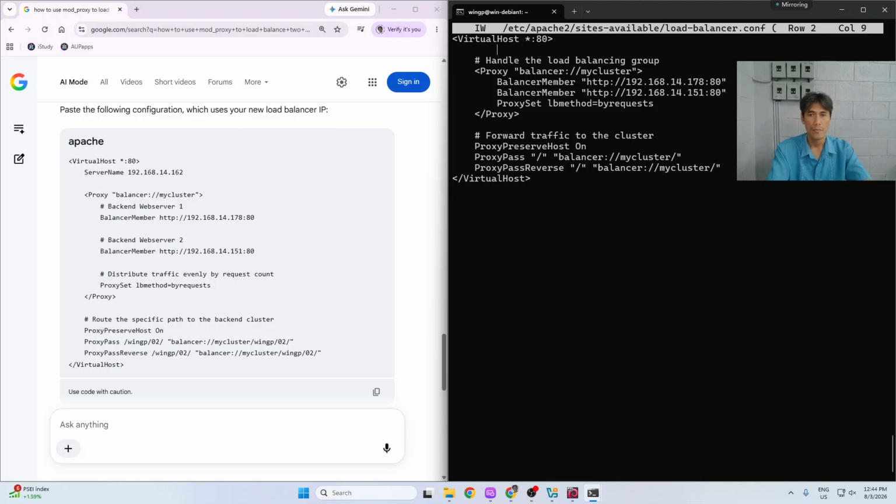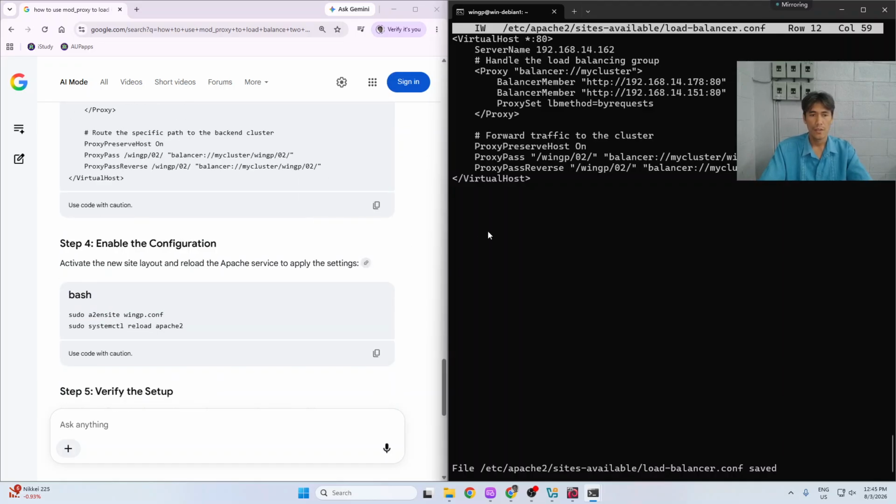Kailan pa kaya itong server name? So let's put it, server name. Reserve my cluster. Ito. Proxy pass WinGP/02/, proxy reverse WinGP/02/, balancer my cluster WinGP/02/. Okay.